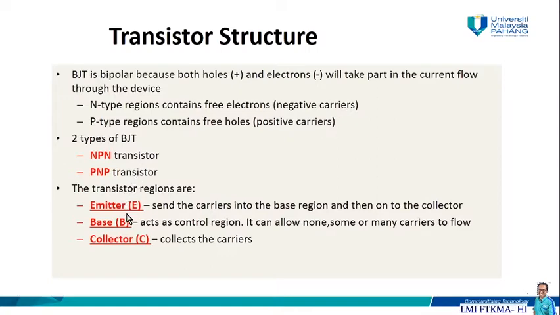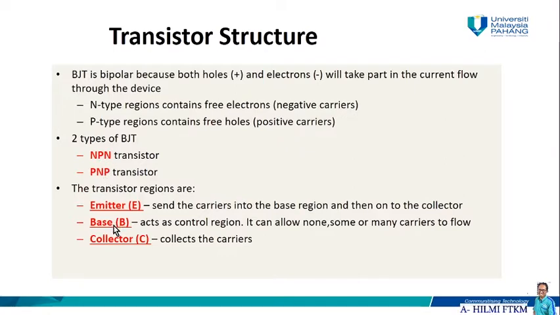The first one is the emitter, or E, where the emitter's function is to send the carriers into the base region and then on to the collector. The carriers could be negative or positive, in the form of electrons or in the form of holes, based on the type of BJT, NPN or PNP.